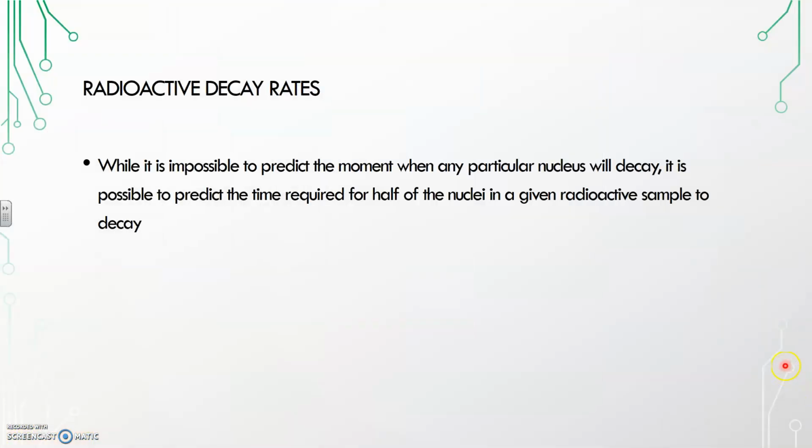All right. So, while it's impossible to predict the moment when any particular nucleus will decay, they can predict the time required for half of the nuclei in a given radioactive sample to decay. So these are called half-lives. A half-life is a measure of how quickly a substance decays. If, say, the half-life is 10 years, every 10 years, half of that substance will have decayed.